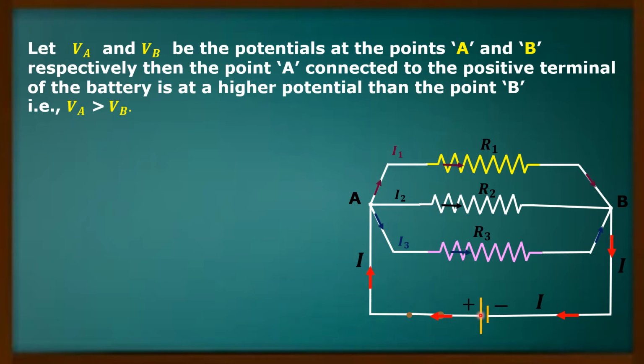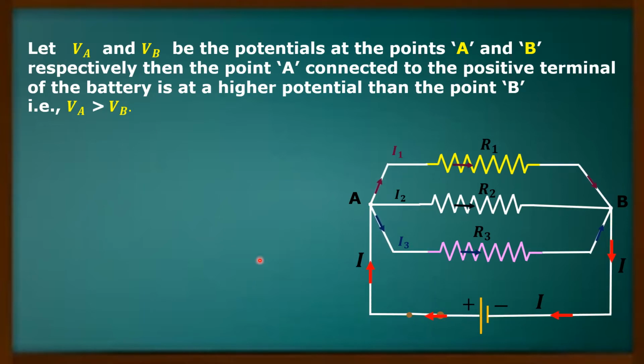Okay, so here let VA be the potential at point A and VB be the potential at point B, and obviously we can see that VA is greater than VB because point A has been connected to the positive terminal of the battery, whereas point B has been connected to the negative terminal of the battery.